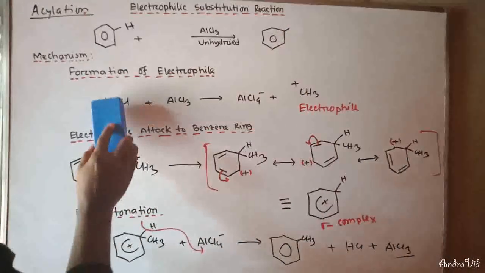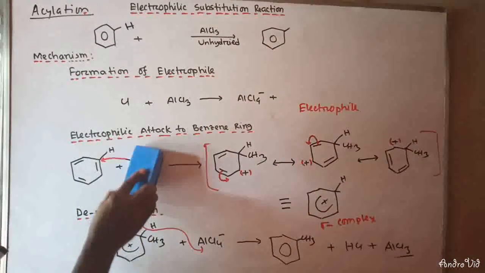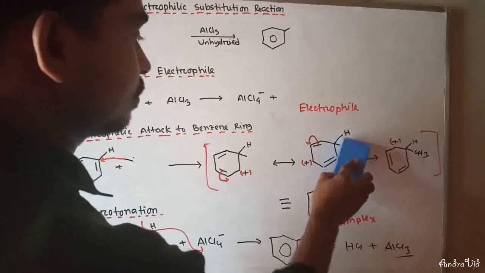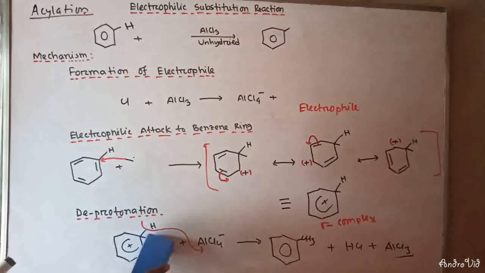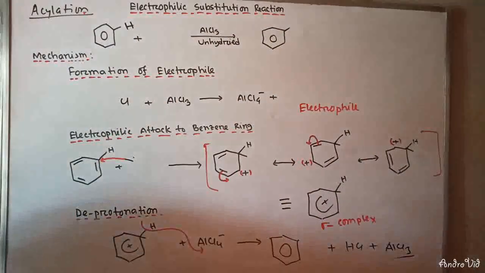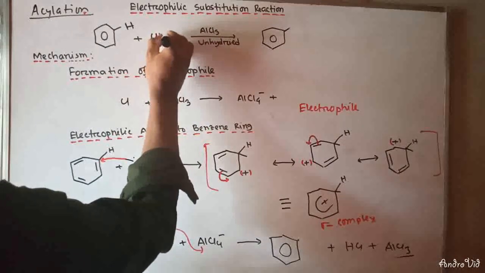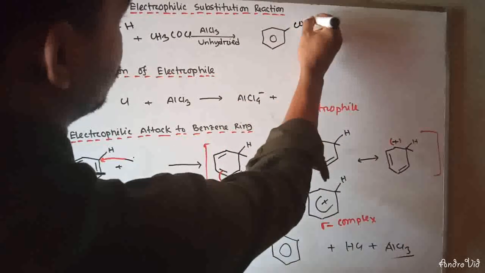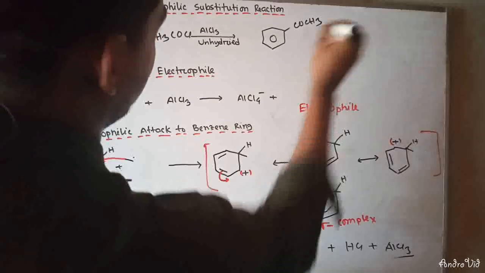So I should erase CH3. CH3 should be replaced by CH3CO. CH3COCl, here I will write Cl. The product will be the acyl-substituted benzene, as well as HCl will be produced here, you know.